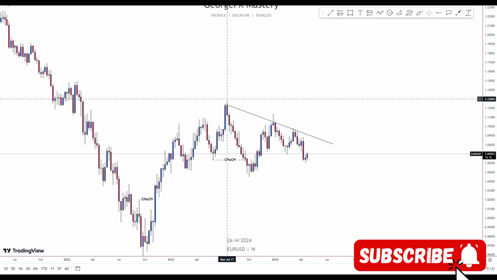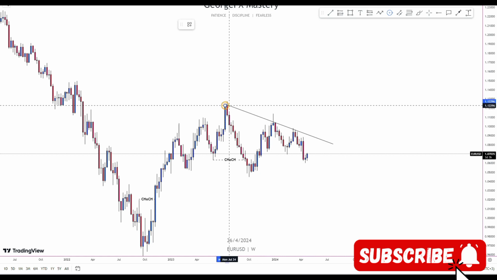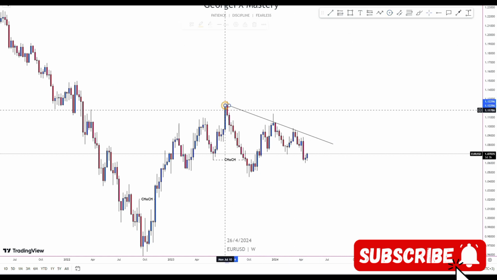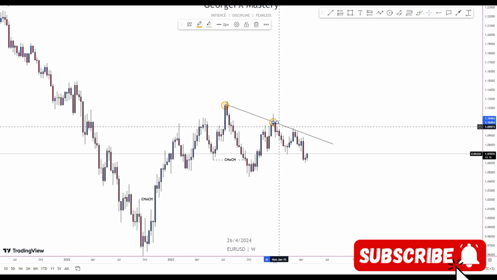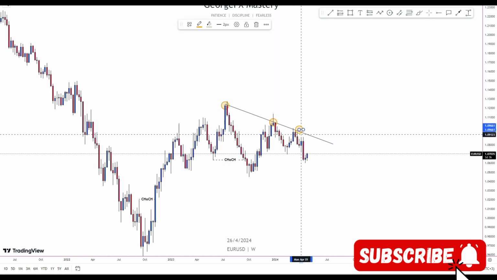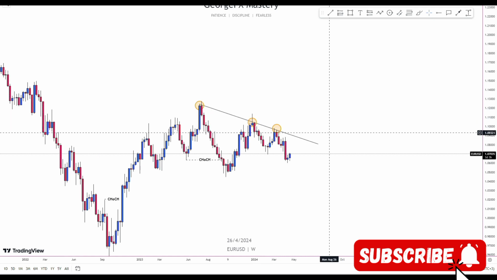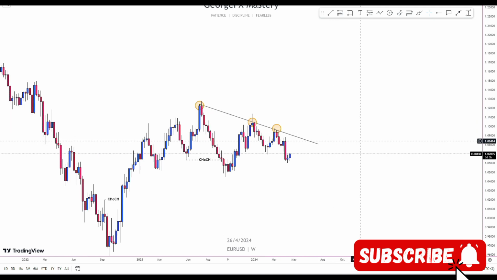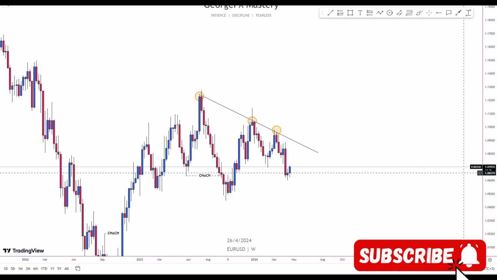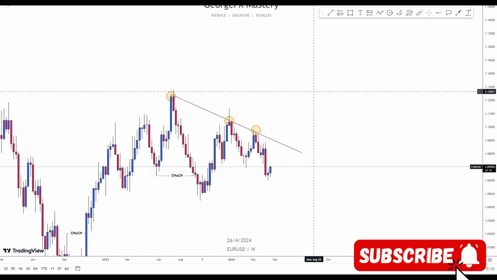You can see the market has been respecting this trend line for quite some time, about 3 times. Let me just mark it for you. The market has respected that trend line resistance 3 times, so we are also expecting to see the market respect it again.